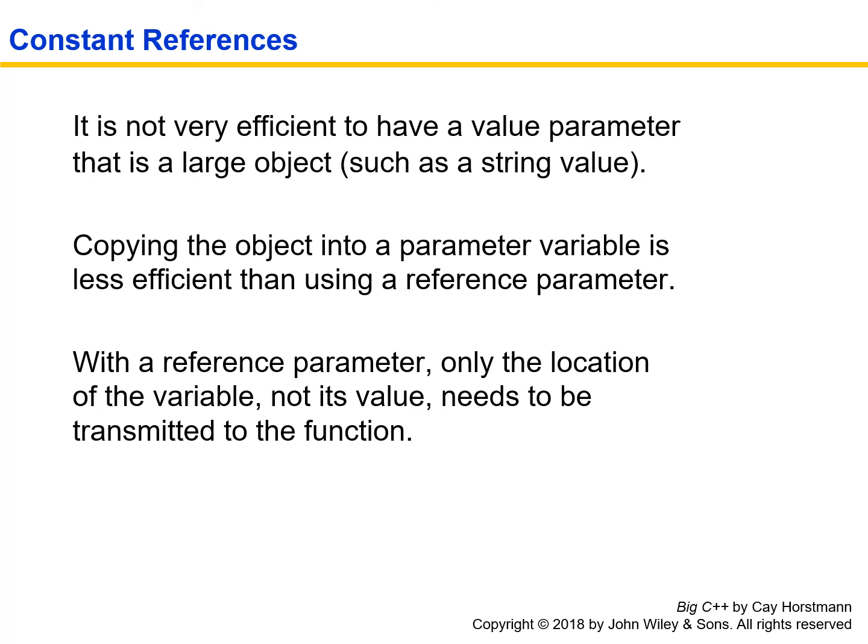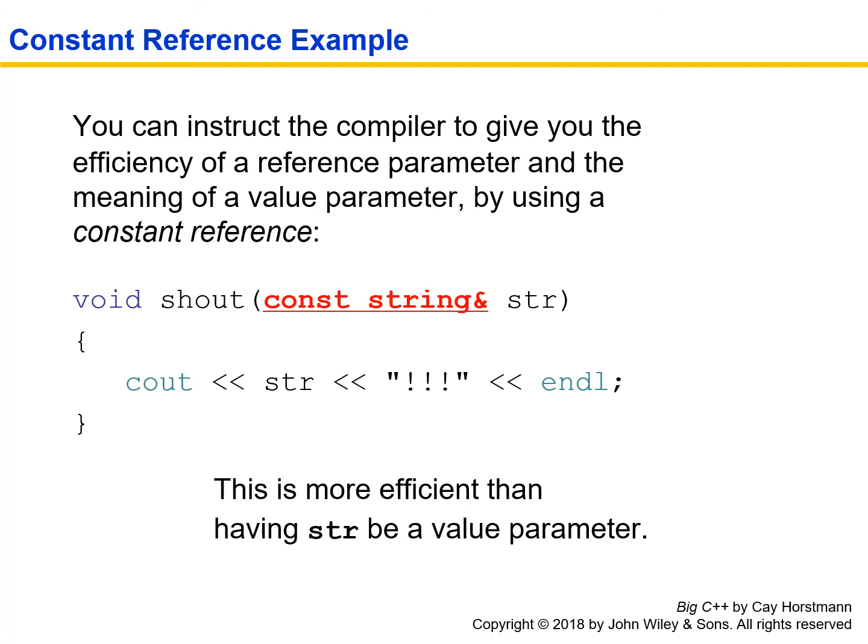But what if you don't want them to change the original value? Well, you can pass something as a constant reference. You just add the const keyword to the parameter, so const string& str will prevent you from accidentally changing the value of str in that function.